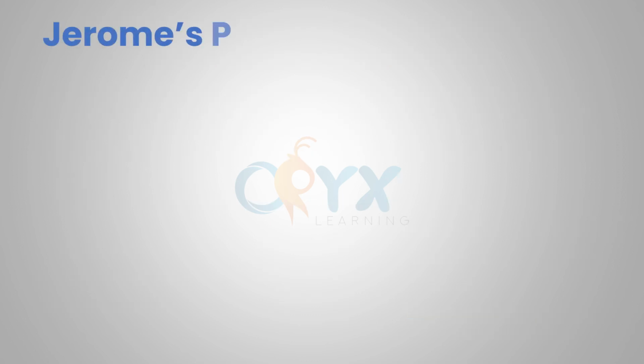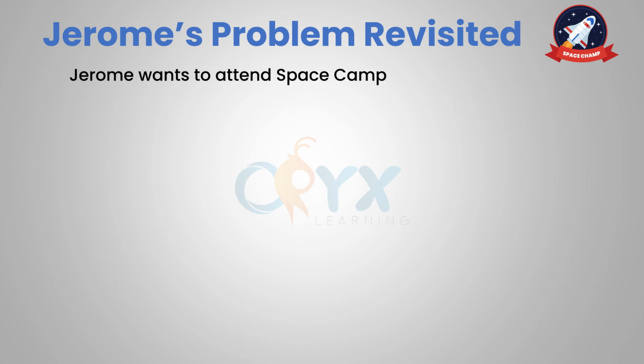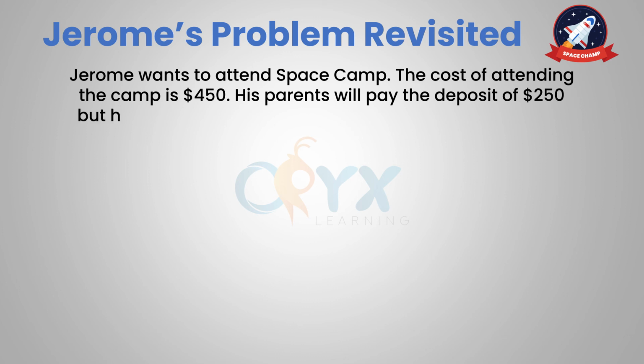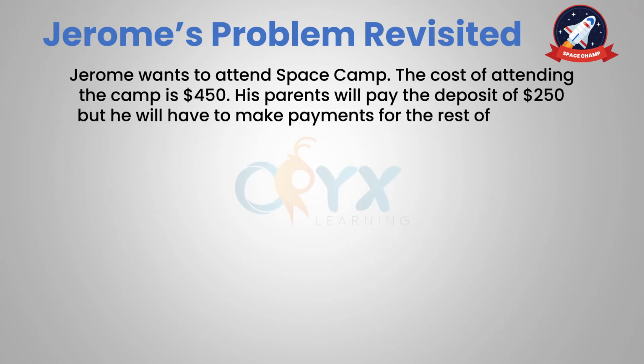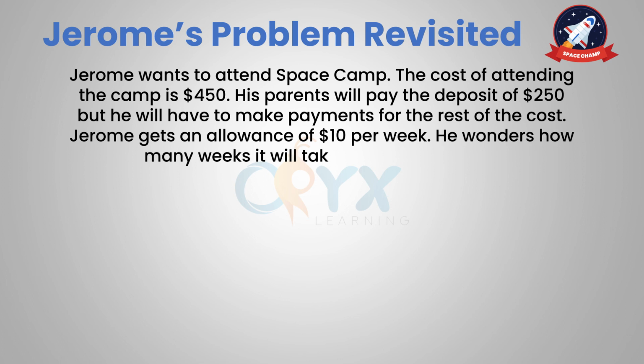So back to Jerome's problem with Space Camp. If the cost of attending camp is $450 and his parents will pay the deposit of $250, but he'll have to make payments for the rest of the cost, Jerome gets an allowance of $10 per week, and he wonders how many weeks it will take to pay off his debt.